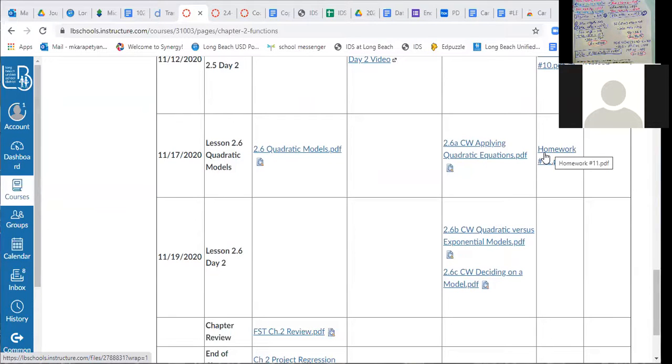It is the getting to know quadratics homework. I want that due by next class period. You guys are going to work on this in class together. Okay, applying quadratic functions there.